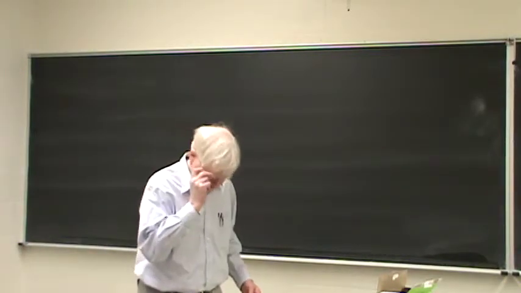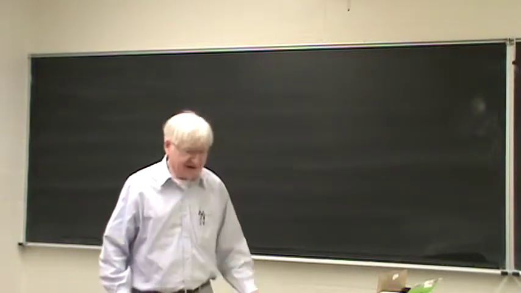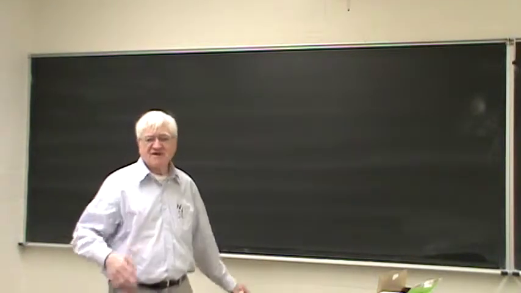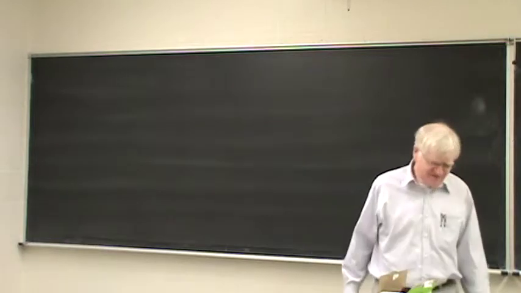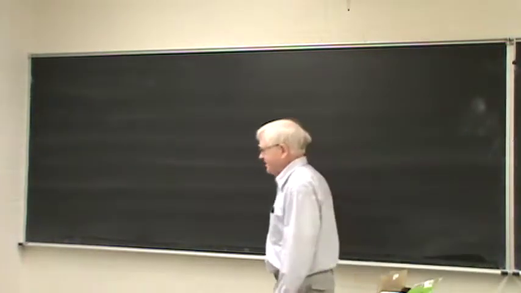The TA pointed out that I forgot to put in a mass term for muon in the homework, so I added it. I'm going to review very briefly the Van der Waerden's notation, this business of dotted and undotted indices.